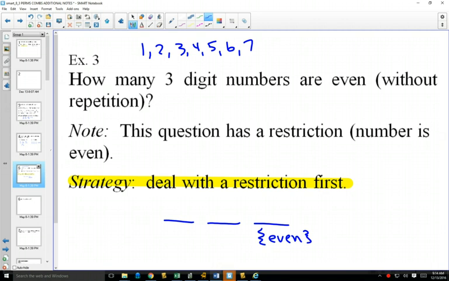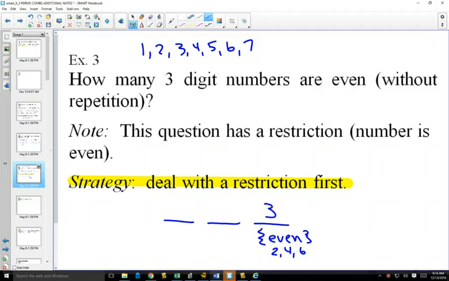If we deal with the restriction first, and that number is even, how many choices do we have for that last space? 3, because it can be 2, 4, or 6. So with your restriction, it's sometimes nice to be really detailed in your description underneath. I said it's even, and I even wrote which possible numbers it could be, 2, 4, or 6.